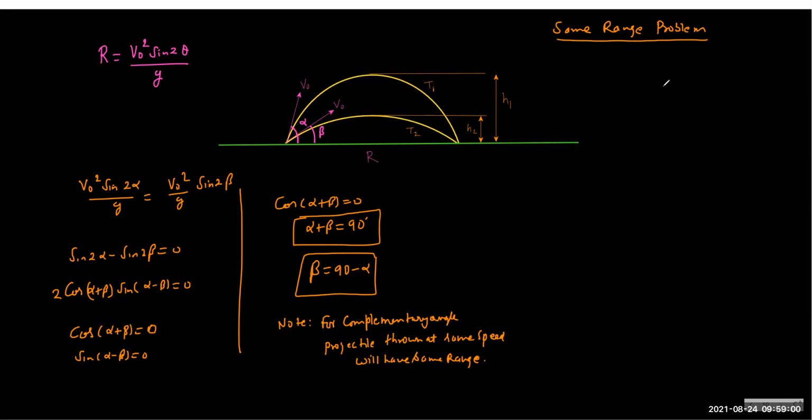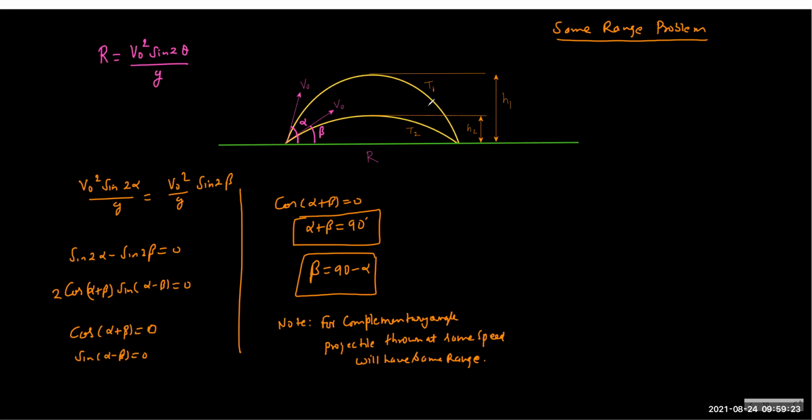So now what kind of question will they be asking you? They will not give you V naught and alpha beta. They will just tell you the fact that two projectiles are thrown with the same speed in such a way that they have the same range.